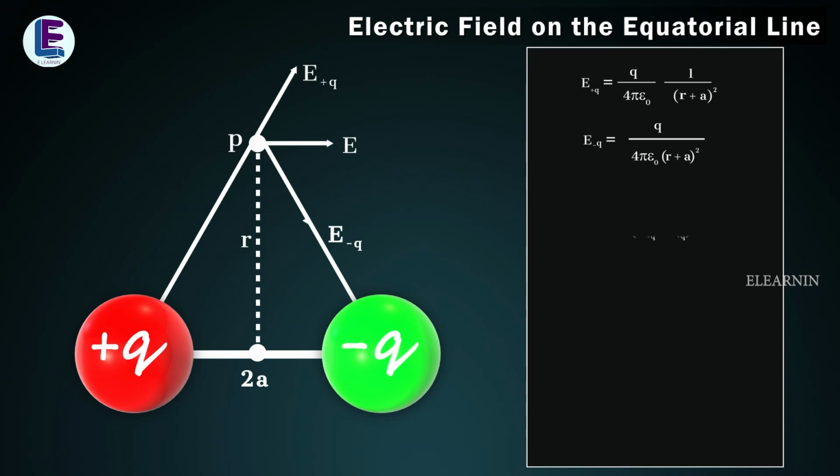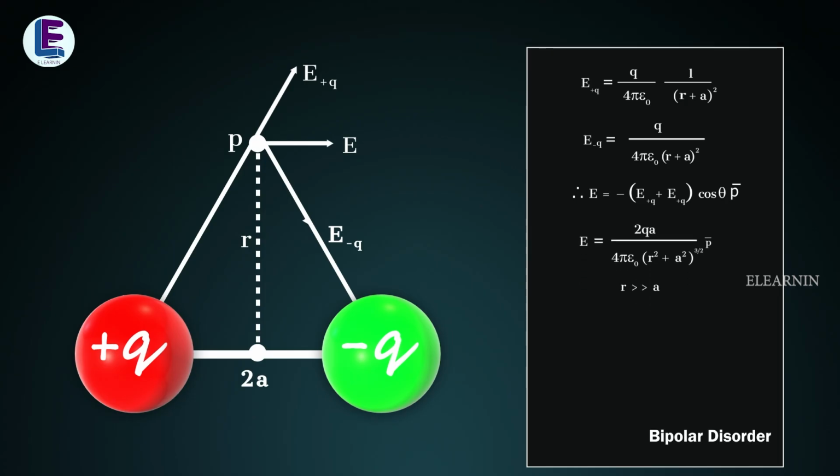Therefore, E is equal to minus (E plus q plus E minus q) into cosine theta into P bar. E is equal to 2qa divided by 4 pi epsilon naught into (r squared plus a squared) to the power of 3 divided by 2 into P bar.